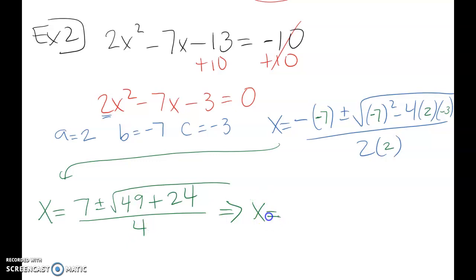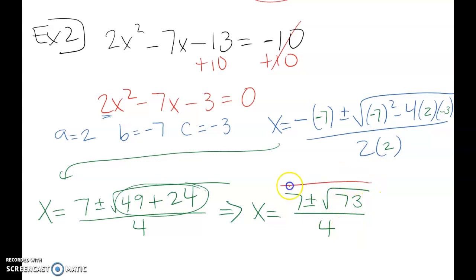So x equals 7 plus or minus the square root of 49 plus 24, so 3, carry the 1, so I'd get 73 over 4. So to simplify this, I would ask myself what the square root of 73 is, but it does not break down. So my solution is this.